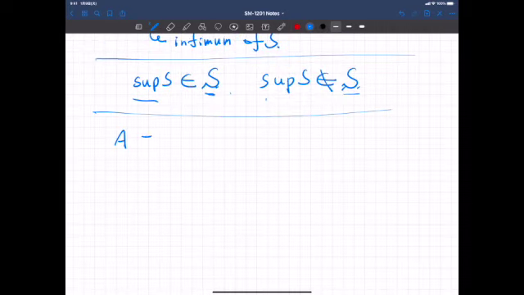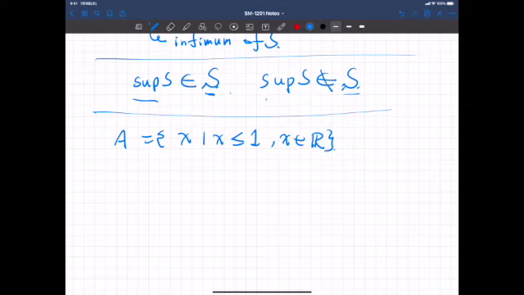Again, let's say A is the set of real numbers x that is less than or equal to 1. Okay, let's visualize this on the number line. So 1. So this set A is all these numbers less than or equal to 1, okay, including 1.